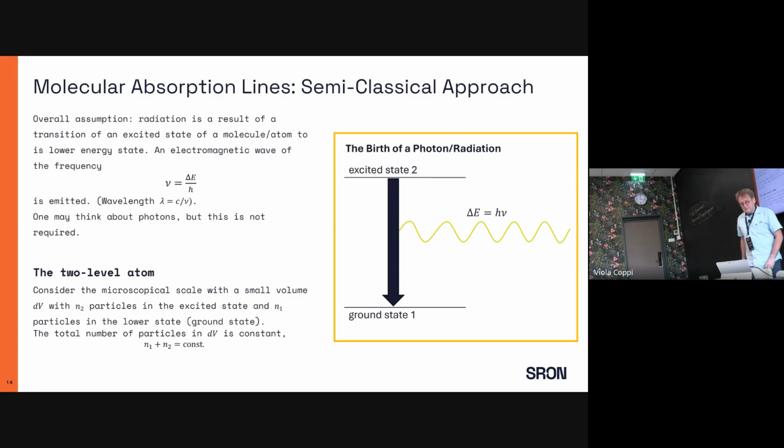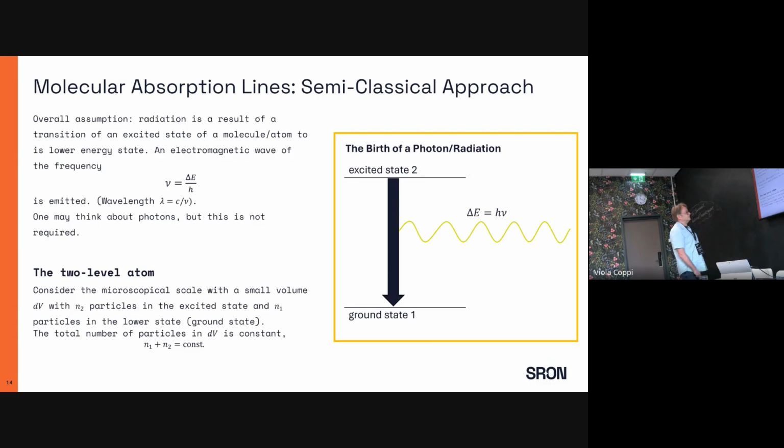We now make a step forward in our understanding of matter and what it does with radiation. The birth of a photon, and I'm pretty sure you have all seen that thousands of times in your life, is nothing else than a molecule or atom in an excited state that falls down, does a transition to the ground state, and emits a photon of the energy difference of these two energy levels, right?